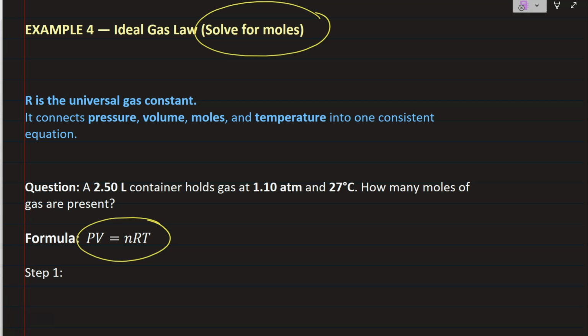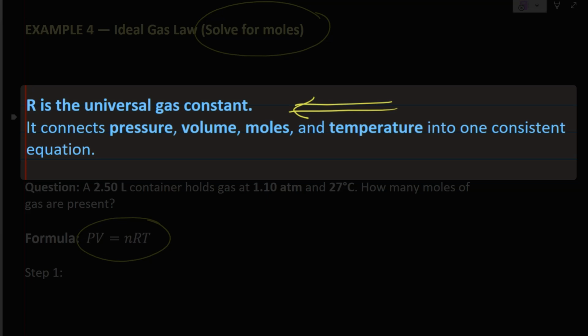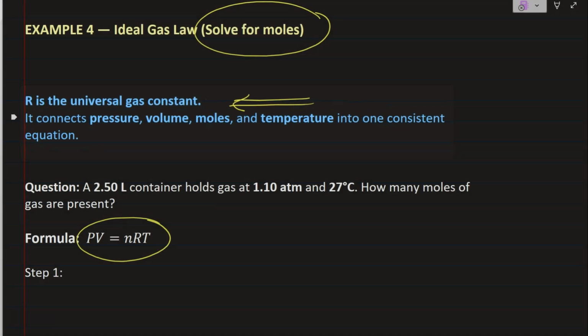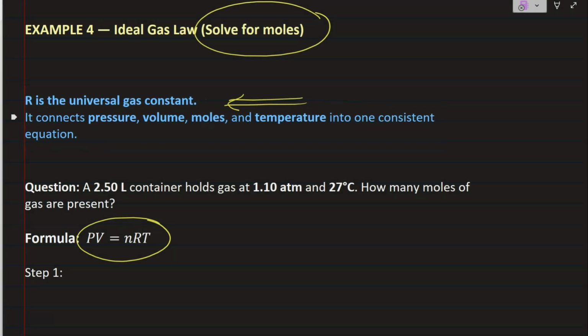But R is called the universal gas constant. It basically connects pressure, volume, moles, and temperature into one consistent equation. This is the only formula where the moles are involved. Remember, temperature still has to be in Kelvin.